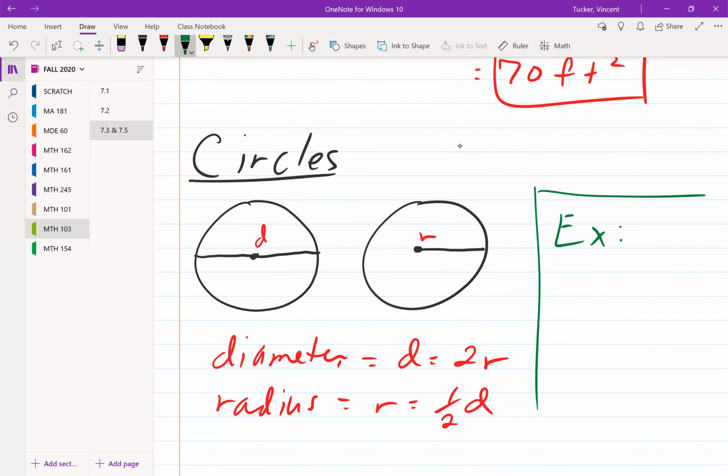They could give you the diameter, or they could give you the radius. But if you have one, then you'll automatically have the other just because of the relationship that they have.